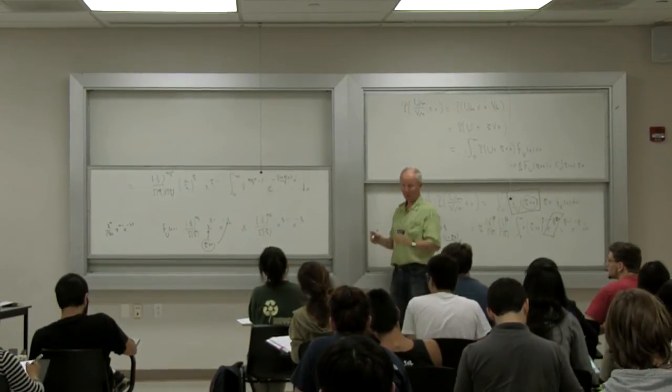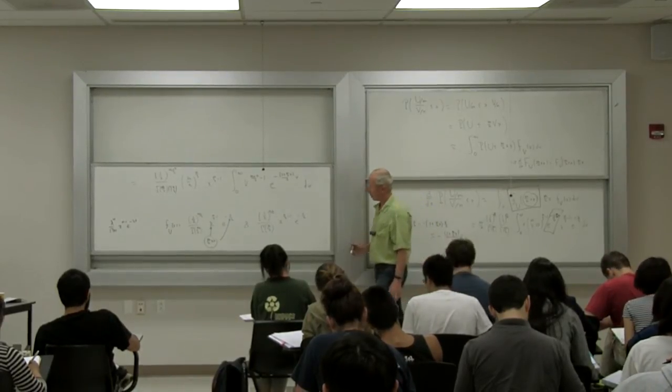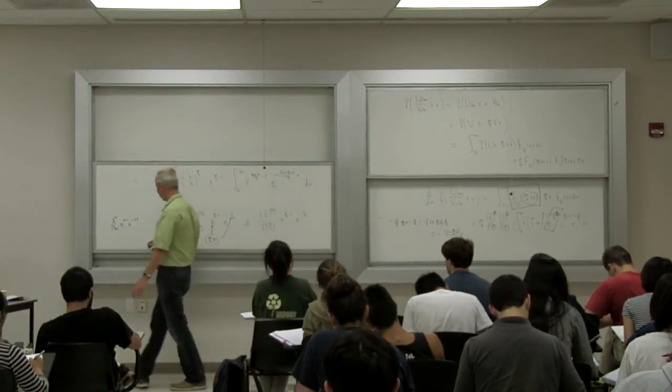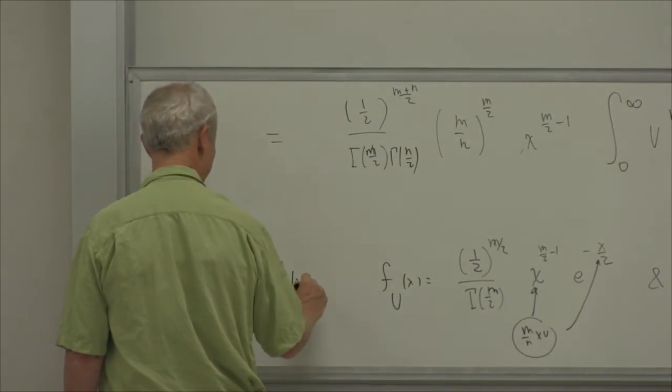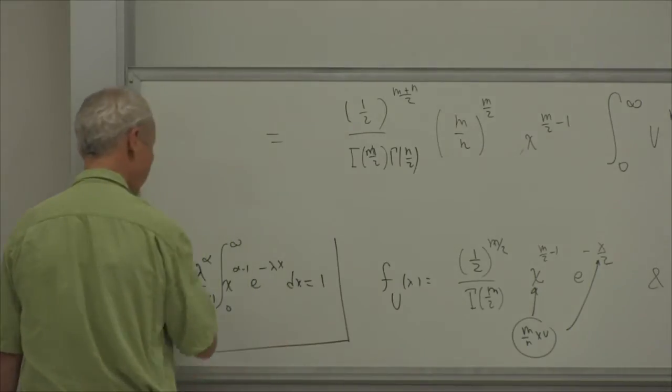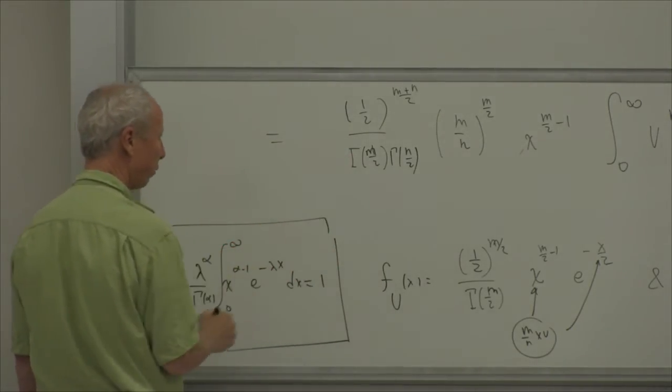Okay, so how do we do this integral? We use the fact that this is a density, right? And in that, what is the alpha?